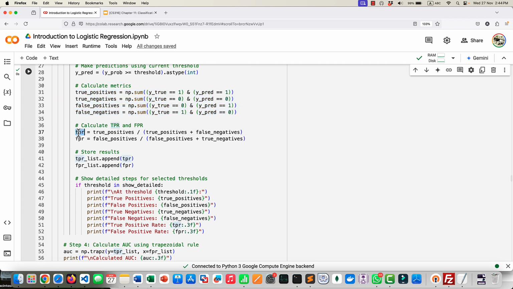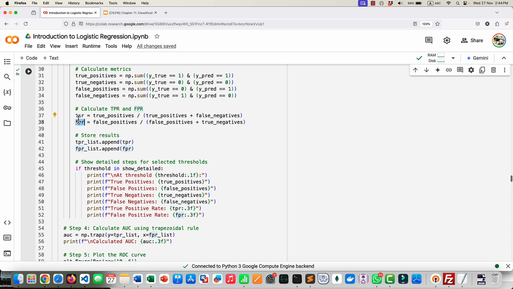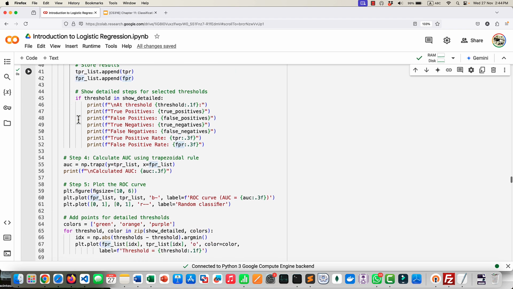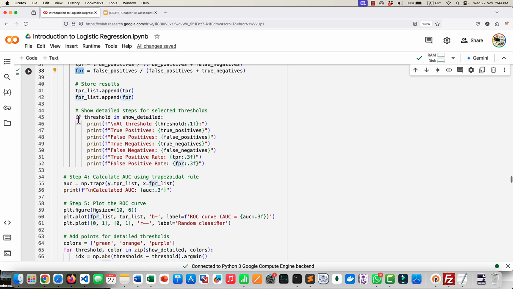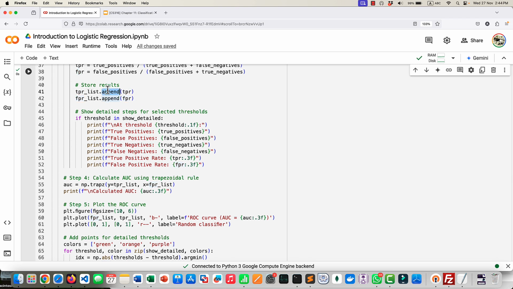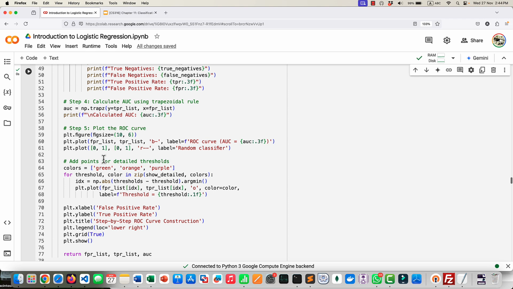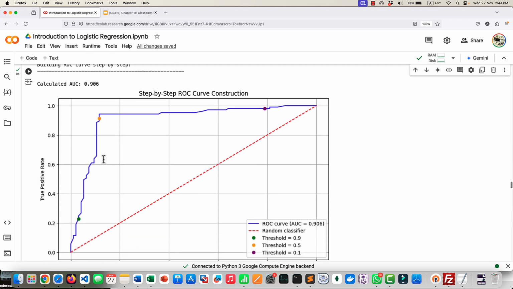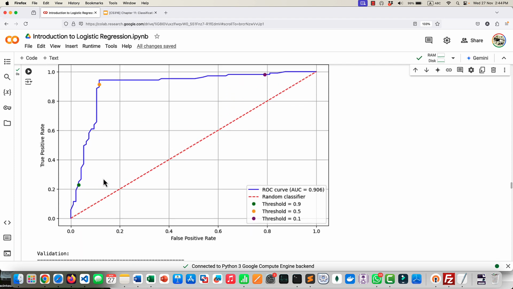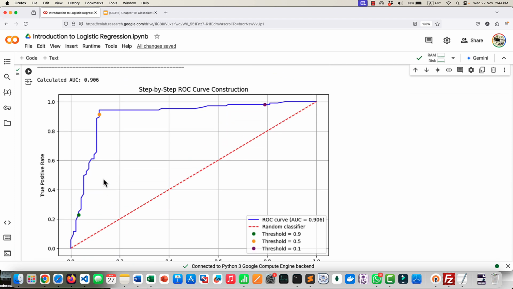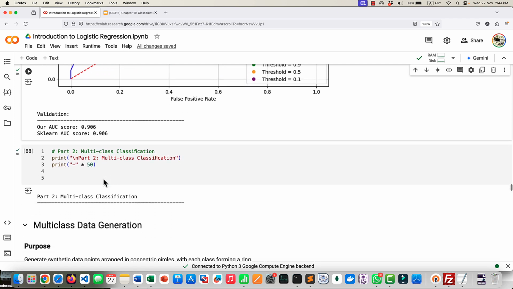We calculate the rates, TPR and FPR, according to the equation. And finally, we append them to a list. So we will have the XY coordinates, and you will use these XY coordinates to plot this curve. Look now, the AUC is 90%, so this represents a model with good discrimination capability. Is it clear? Yes. Okay.